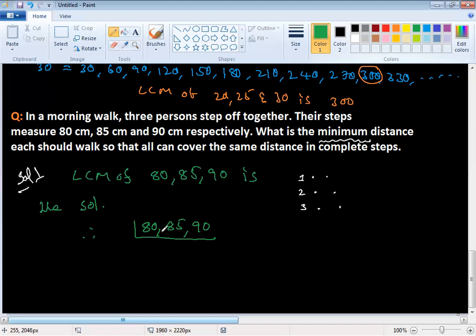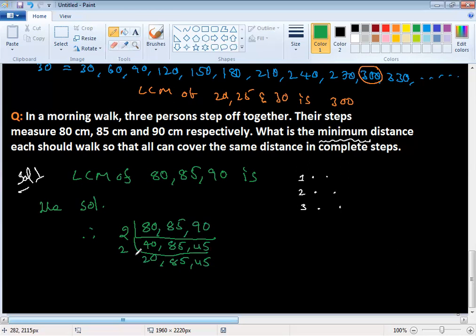And we can start with what? 80 is 2 into 40, 85 is 5 into 17, 90 is 2 into 45.